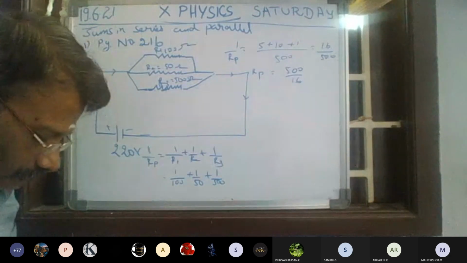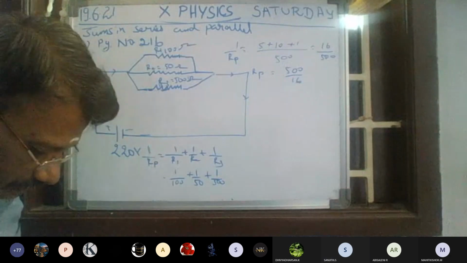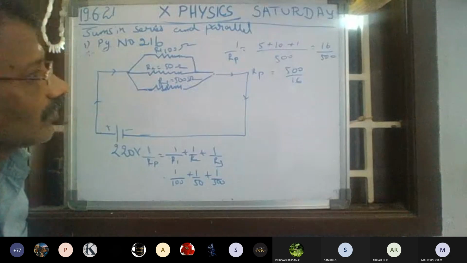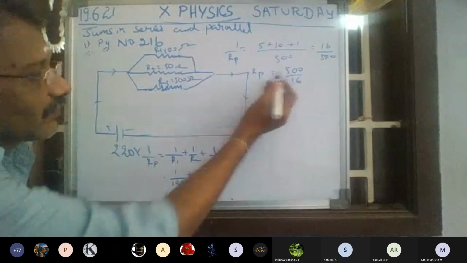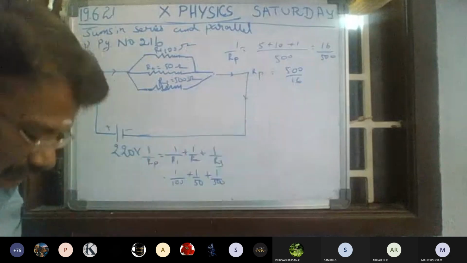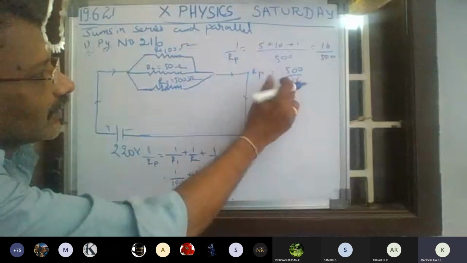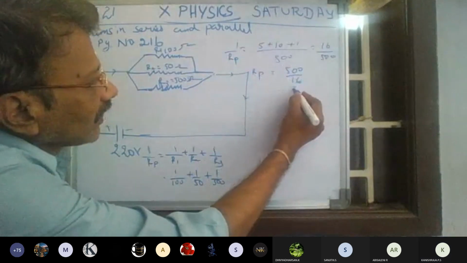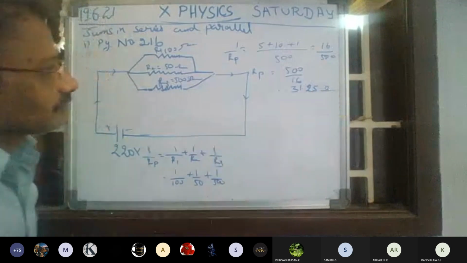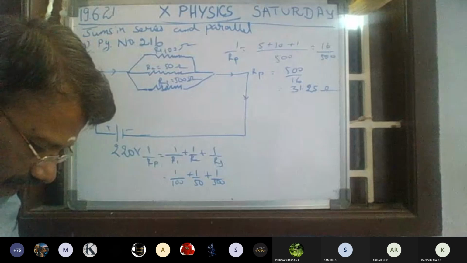It should be 31.something, not 484. Sir, 31.25. So Rp is equal to 31.25 ohms. We have found Rp.